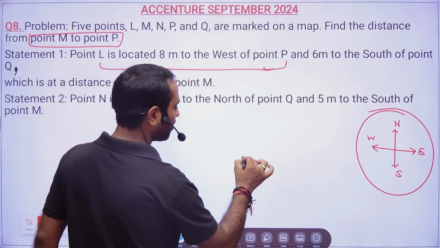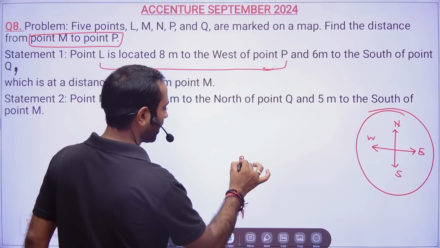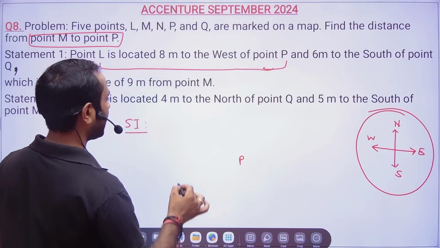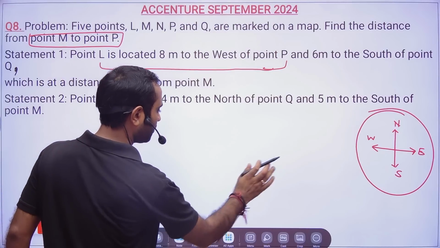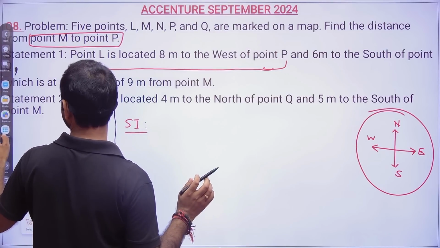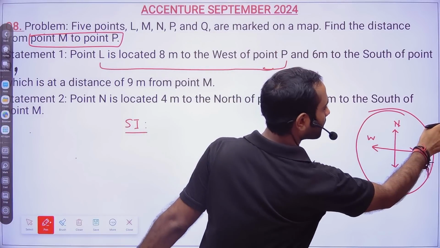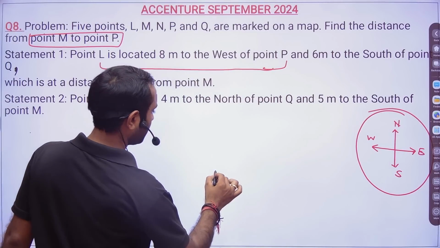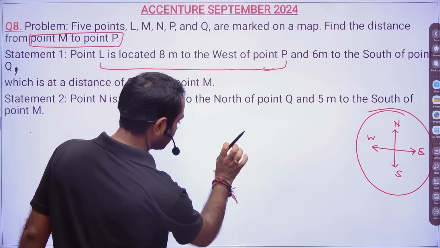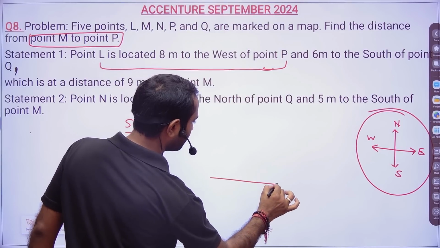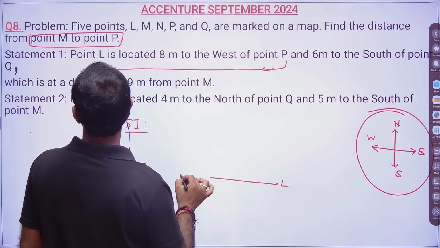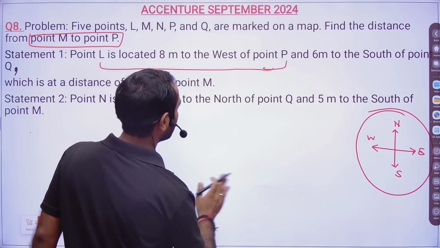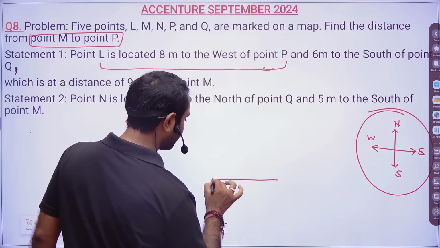Now suppose your P is here. Then point L is 8 meters, so I'll put it a little more down here. This is my L, and west will be this direction.